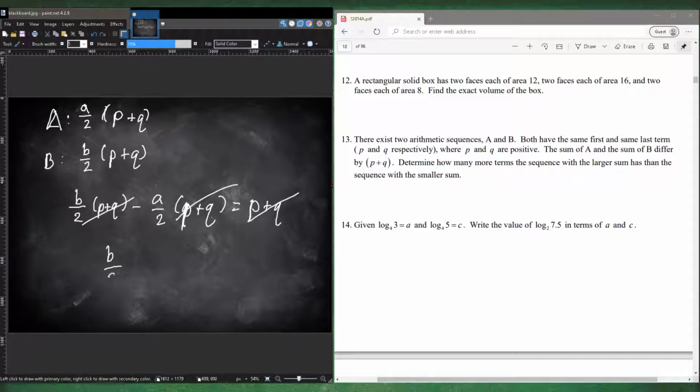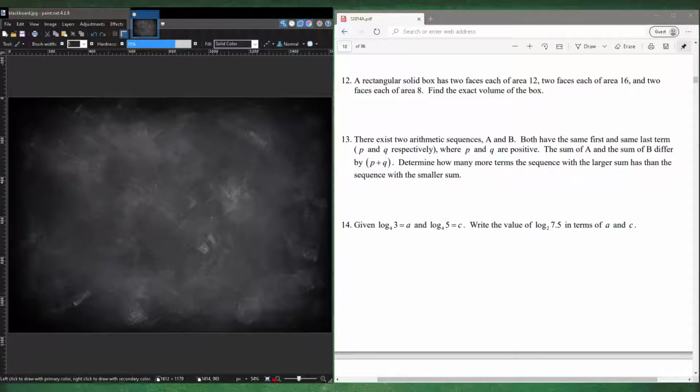So you have B over 2 minus A over 2 is equal to 1. So that means B minus A equals 2. So if B is the amount of terms for sequence B and A is the amount of terms for sequence A, that means B has 2 more terms than A. So the answer is 2. So 13 is 2. It's just manipulating your equations around and interpreting it.